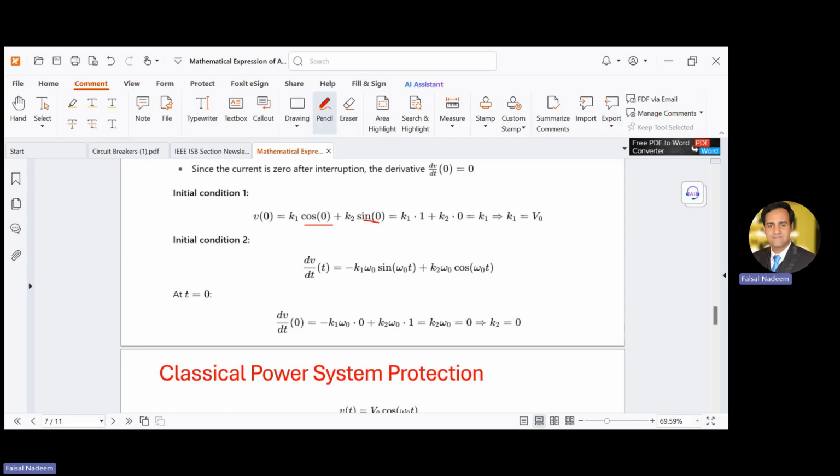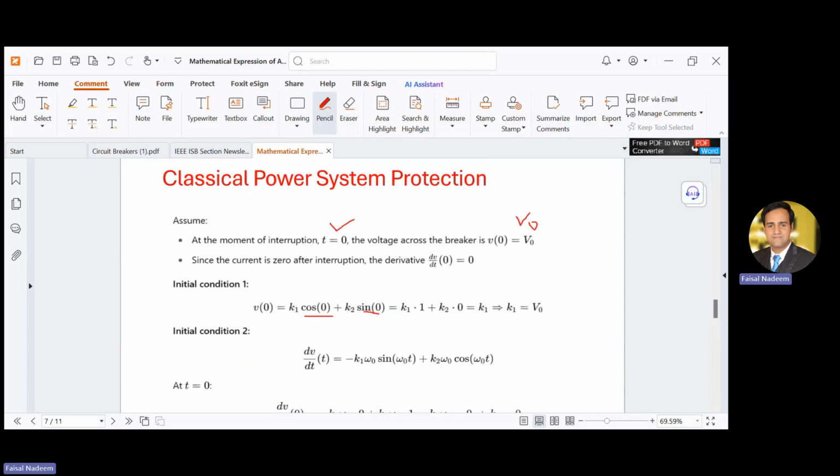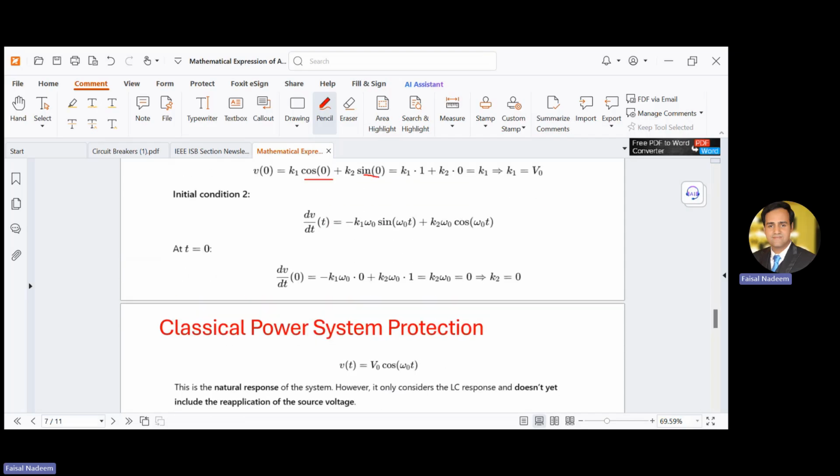So we are left with K2 omega naught equal to dV by dt at 0. But we know that dV by dt at t equal to 0 is equal to 0 because there is zero current after the interruption. So we replace dV by dt at 0 by 0. Ultimately, K2 omega naught is equal to 0, and then K2 is equal to 0.